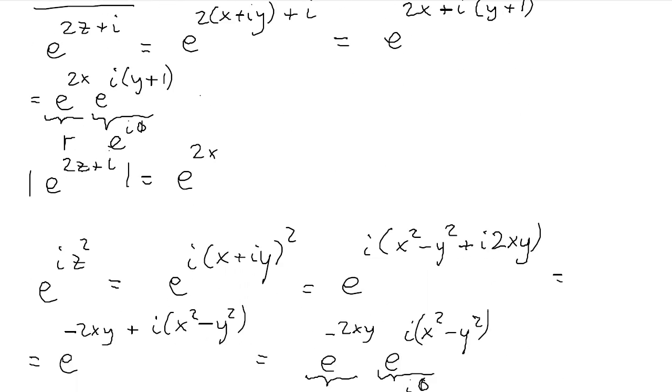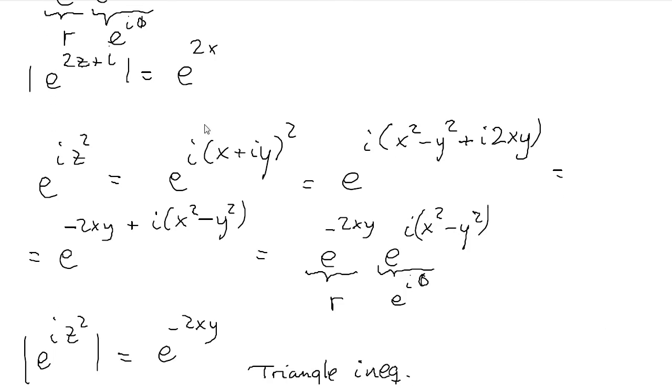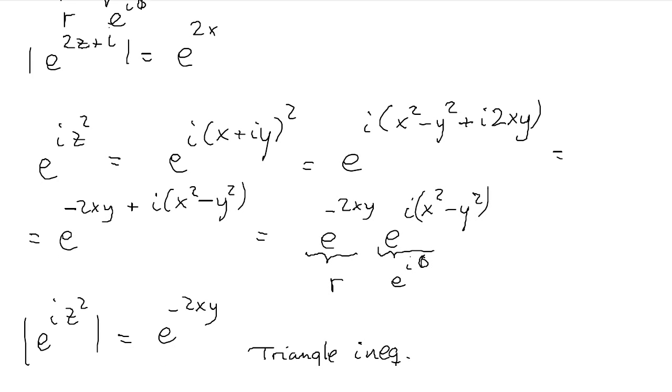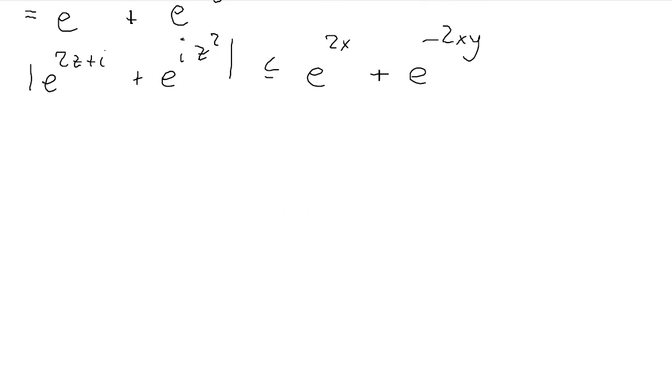In a very similar way, we find an expression for the exponential function of i multiplied with the square of z, and we obtain this absolute value in the same way as above. So, okay, let me go back.